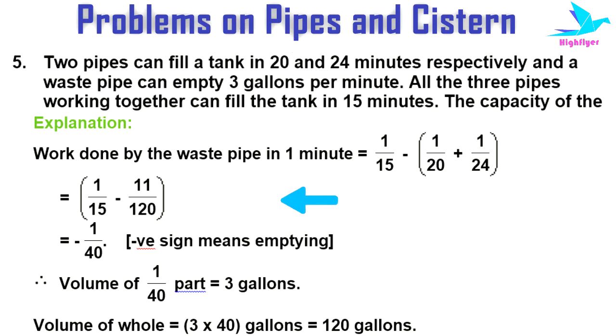That is equal to 1 by 15 minus 11 by 120, that is equal to minus 1 by 40. Negative sign means it is used to empty the tank, not to fill the tank. Now, as it is given that in 1 minute it can empty 3 gallons, that means volume of 1 by 40 part equals 3 gallons. Hence, the total volume will be 3 into 40, that is equal to 120 gallons.